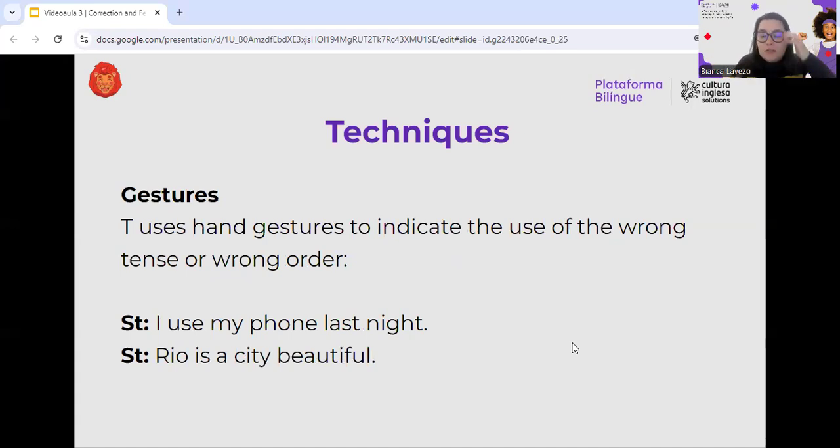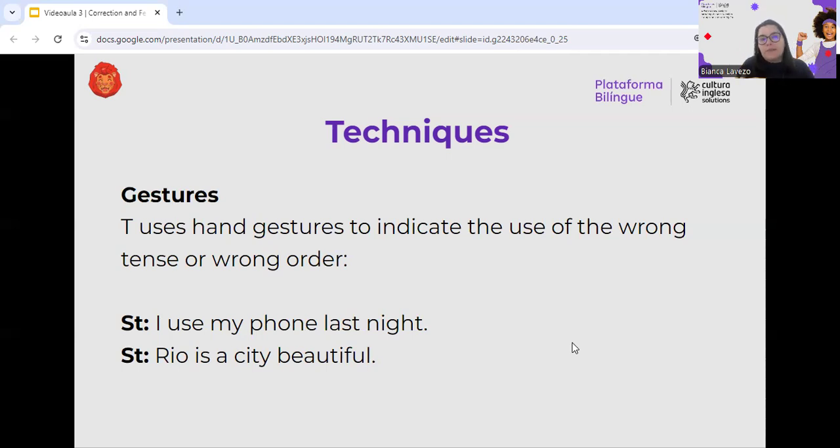And it could be used to indicate the wrong tense, so present, past, this idea, even future, right? Or the wrong order. Think of the first one. If a student says something like, oh, I used my phone last night. Oh, so you just show the hand gesture to indicate the past.